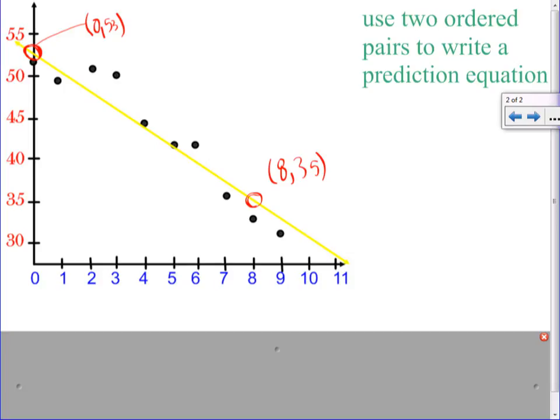We need to come up with our equation, which is y equals mx plus b. How would you find the slope? You were doing this yesterday on your review worksheet. How do you find the slope?